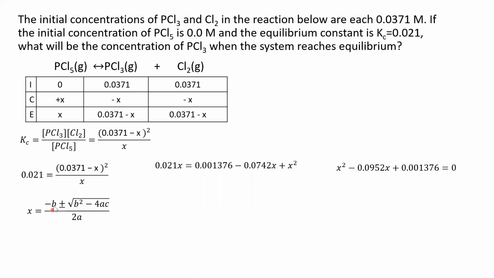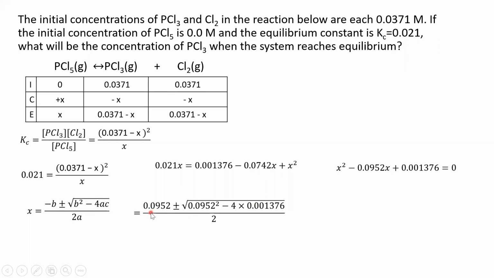So that's what we would sub in for B here, and we'd have to square it. A is 1. It's assumed, we don't write it. And C is 0.001376. And we'd have to do all of that under our radical and then take the square root of it. And we divide it by 2 times A, where A equals 1. So we'd plug in all of those numbers.